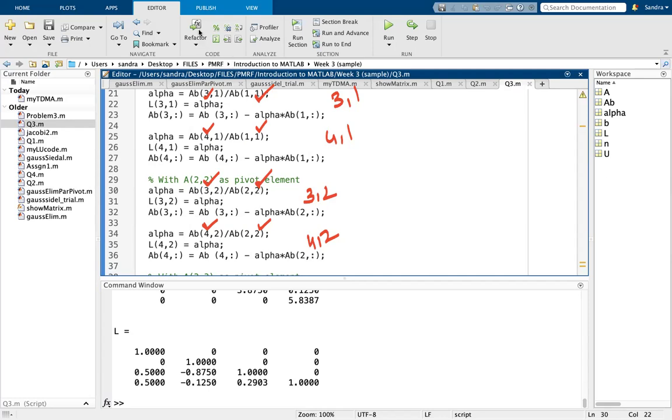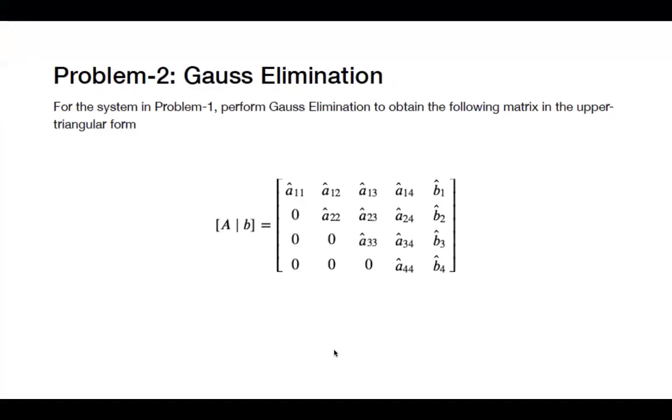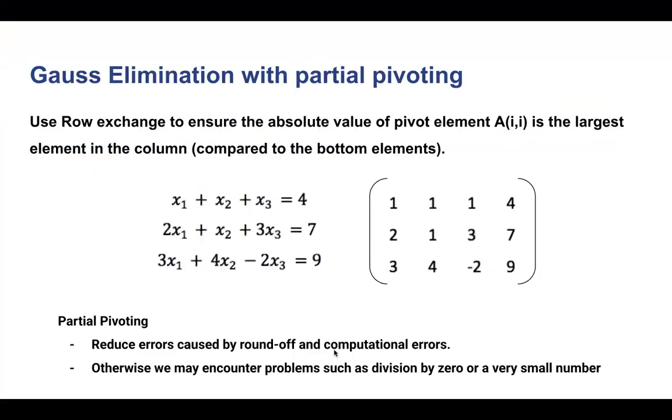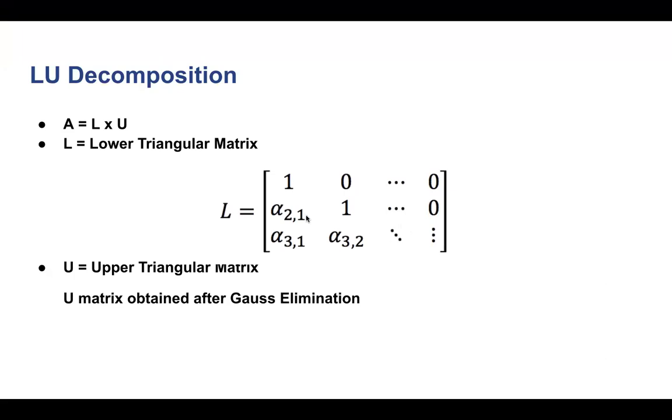And you might have a question, how did that come? For that, I can show you one more thing. See, L value is 2, comma 1.